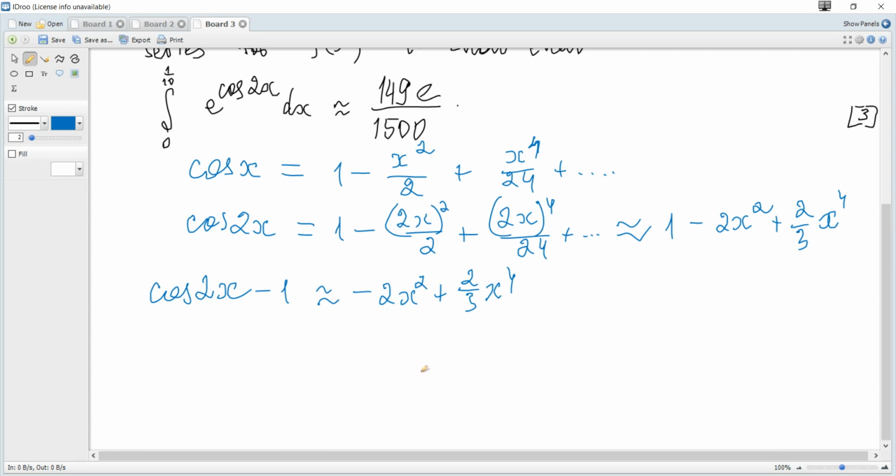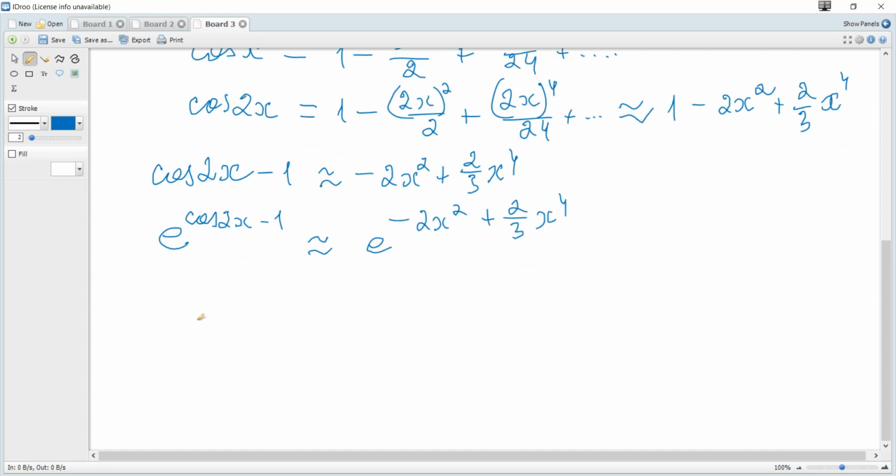And using, or actually we can rewrite e to the power of cosine of 2x minus 1 as e to the power of negative 2x squared plus 2 thirds x to the power of 4.